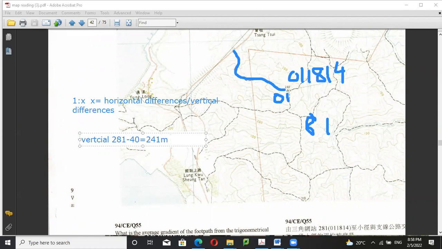And then how about the horizontal? Definitely you have to measure it.